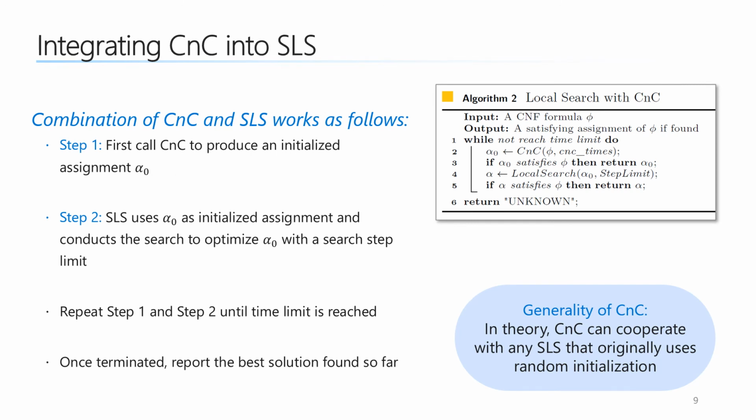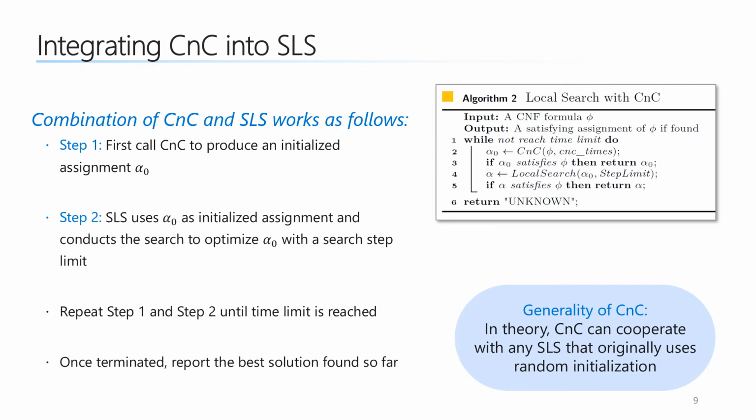After introducing the technical parts of the CnC method, in this slide, we introduce how to integrate CnC into SLS. The combination of CnC and SLS works as follows, and is illustrated in the right-hand side figure. In step 1, the CnC method is first called to produce an initialized assignment alpha 0.